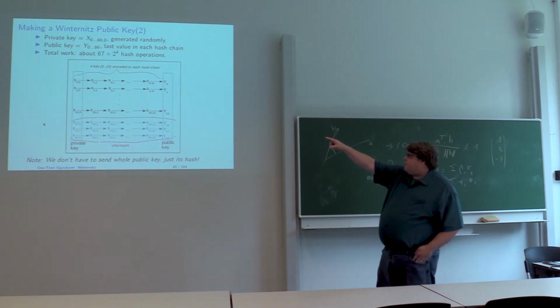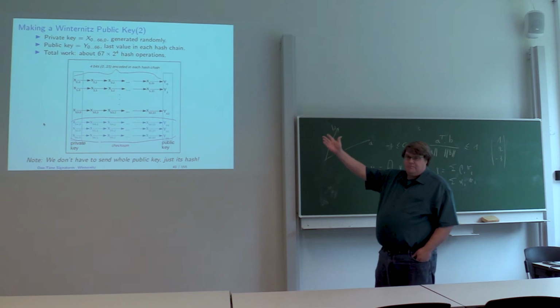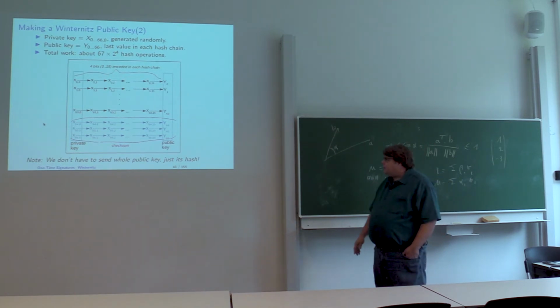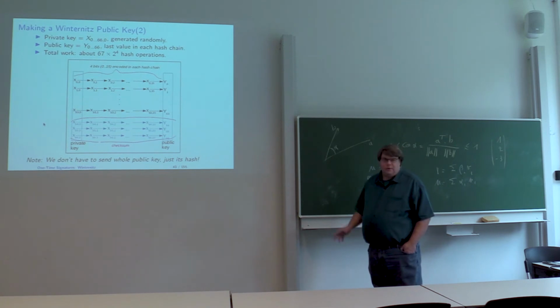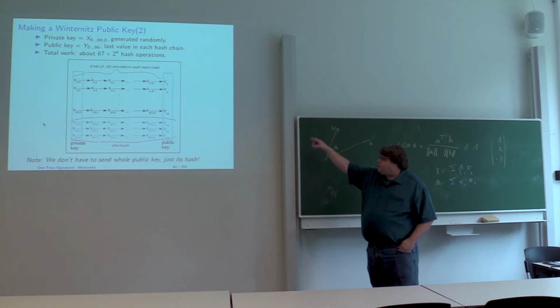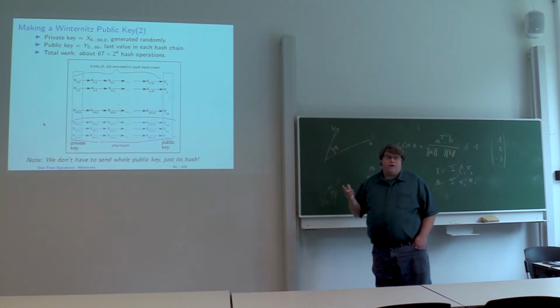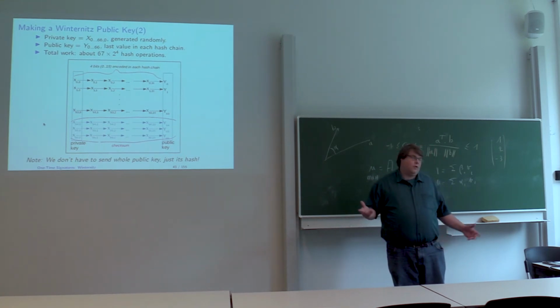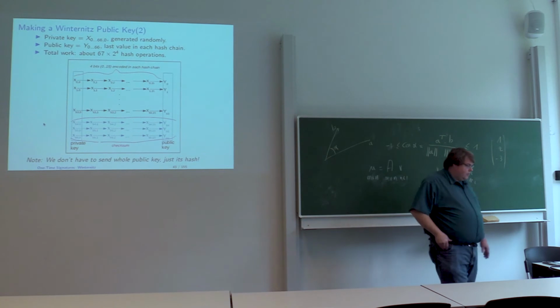Basically, for each chain, you're going to have to do 16 hashes, and then you do that for all the chains, so you just sum them up. And the nice thing about this, and I'll explain why in a second, is that the verifier doesn't need this whole Y0 through Y66 public key. All the verifier needs is the hash, because during the verifying process, you reconstruct the public key.